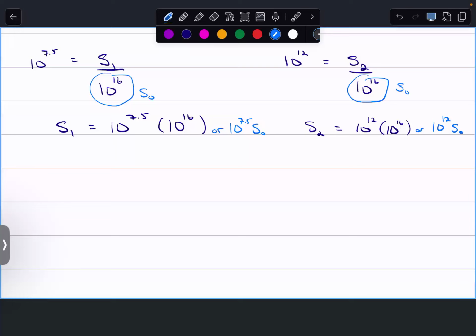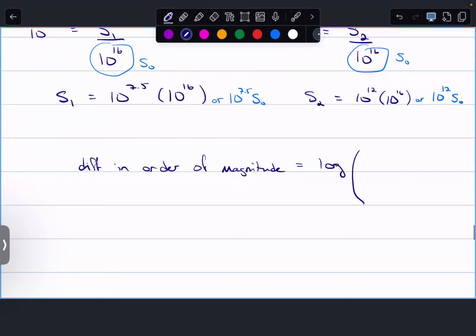So I want to find the difference in order of magnitude, which is the log of S2 over S1.